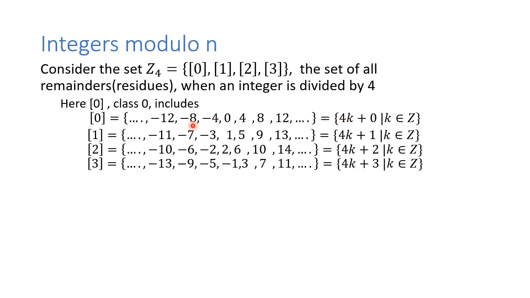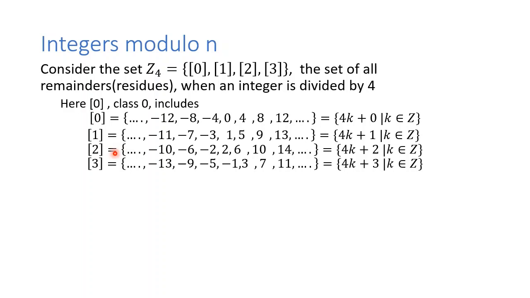Similarly, class 1 includes all the integers which when divided by 4 give remainder 1. So when you divide 5 by 4, the remainder will be 1. Similarly, any element in this set when divided by 4 will give a remainder 1. So that is nothing but 4k plus 1. A set of all integers which give the remainder 2 when divided by 4 is in class 2.